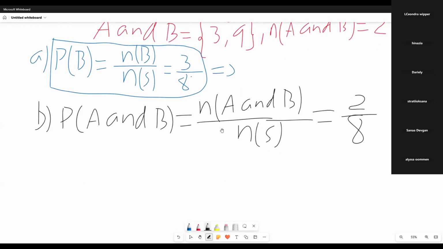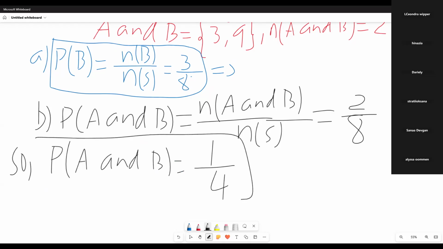Simplifying, P of A and B equals 1 over 4. Got it? Is this clear? Yes.